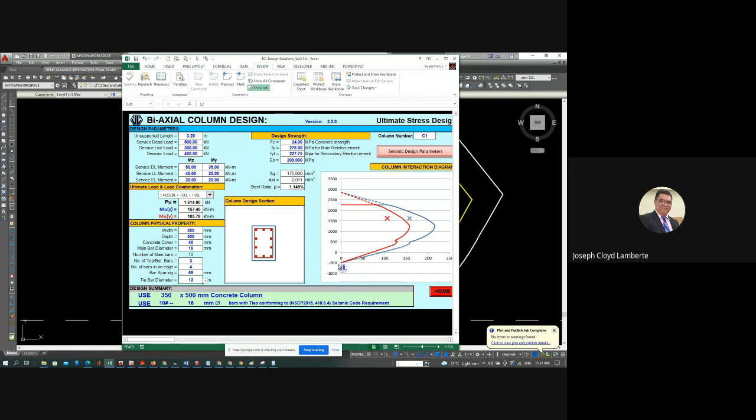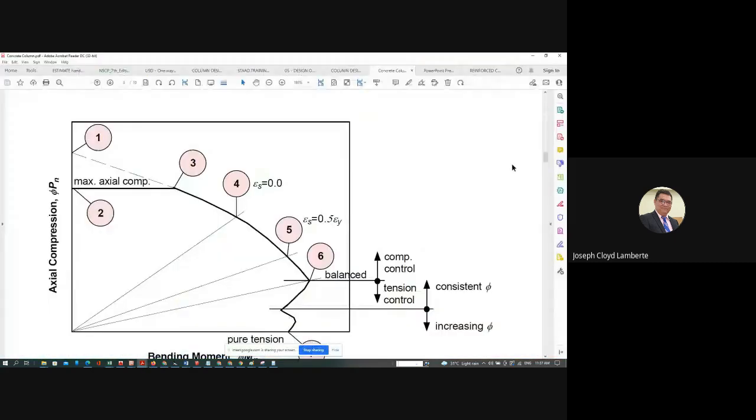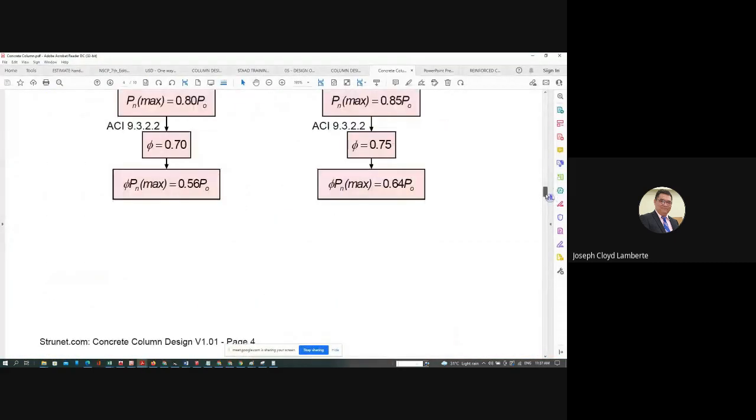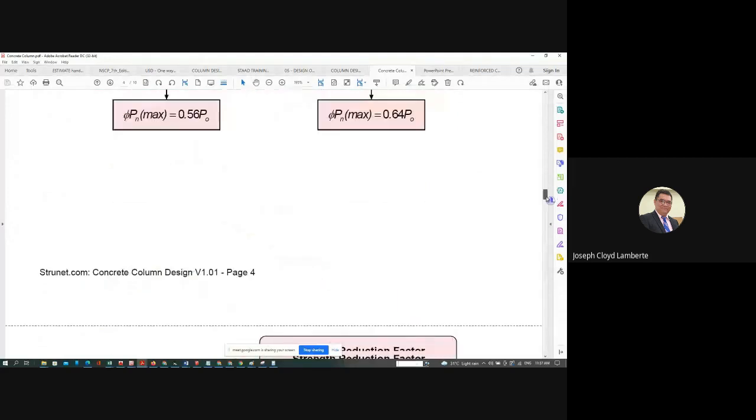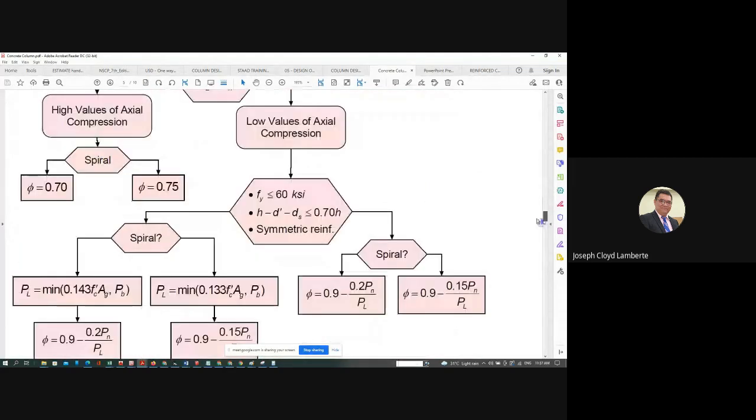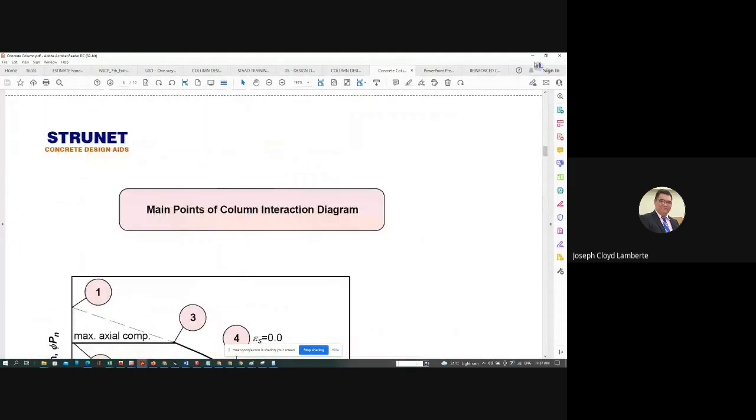Ayaw siya maabot sa pure tension. Anyway, basically mao niya akong gibasihan class kani siya nga flow chart. So gi-calculate nako kana sila tanan.